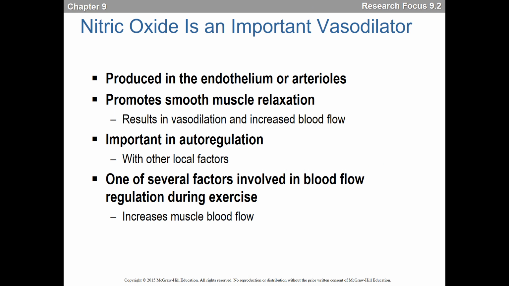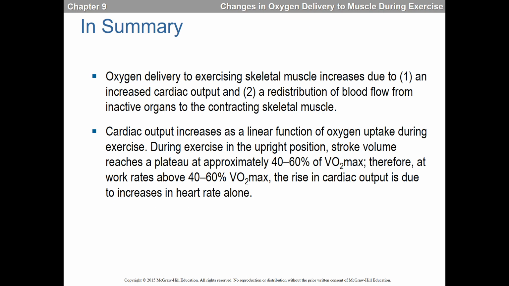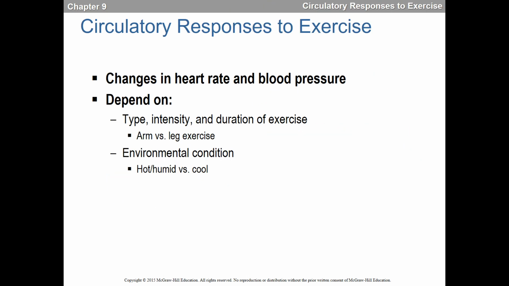So nitric oxide is an important vasodilator. So it promotes relaxation in smooth muscles. And nitric oxide, kind of beginning, is made out of one of our conditionally essential or non-essential amino acids, arginine. So there's some kind of interesting stuff going on there.